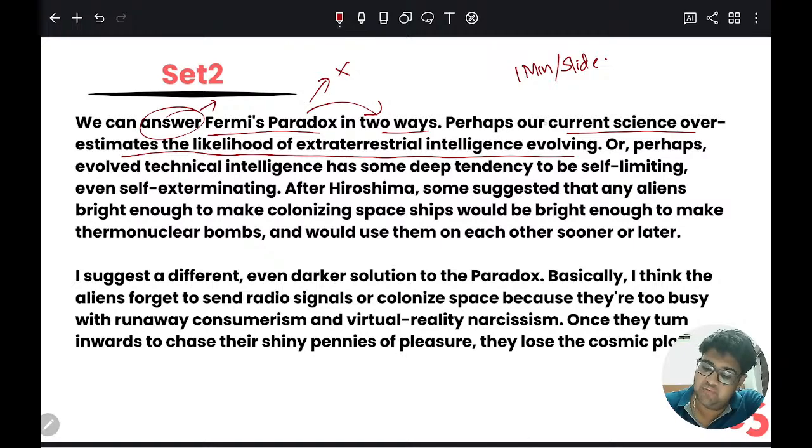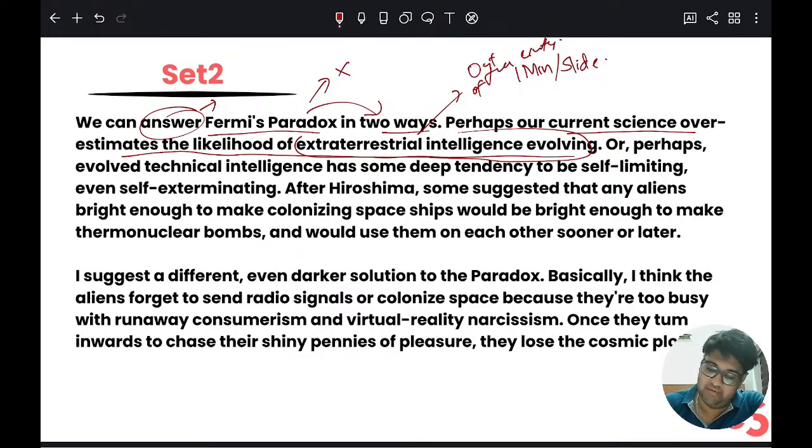So, this Fermi's paradox is being answered in two ways. First one, our current science overestimates the likelihood of extraterrestrial intelligence evolving. Extraterrestrial means out of the earth, of course, so the intelligence of the aliens is evolving. Or perhaps evolved technical intelligence has some deep tendency to be self-dementing or even self-terminating.